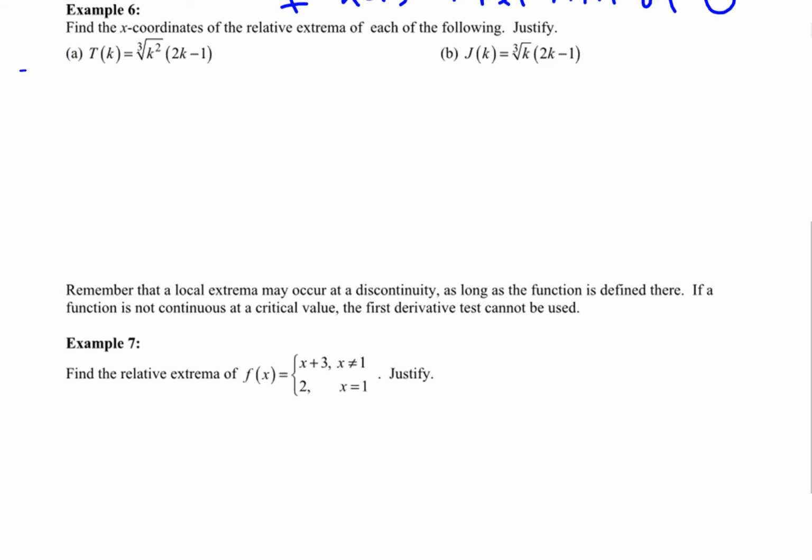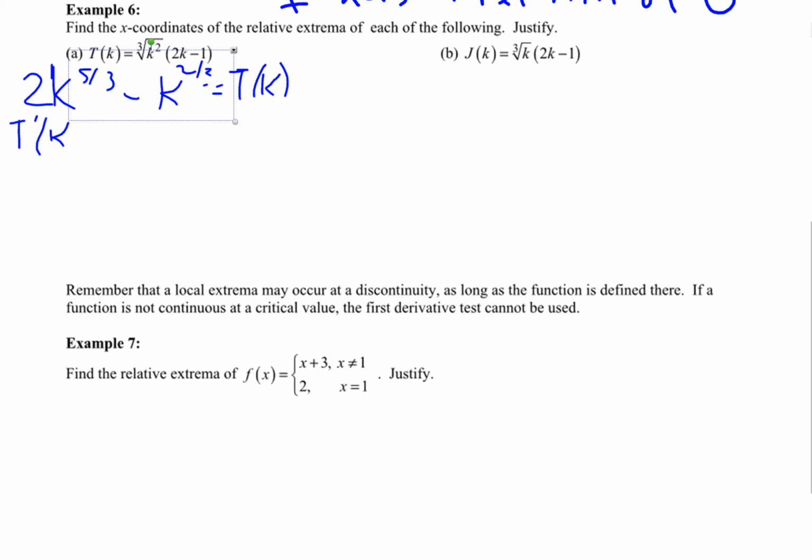So it'd be 2 times k to the 5/3, because it'd be 2/3 plus 1, minus k to the 2/3. And that's equal to t of k. I just simplified it. I didn't take the derivative yet. Okay, now that it looks like that, now I'll take the derivative.